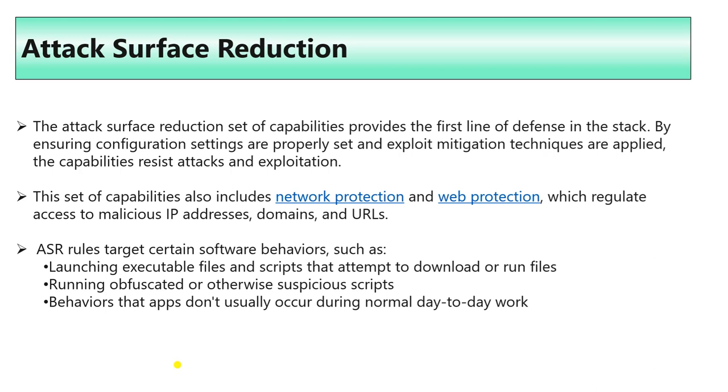ASR rules target certain software behavior. How do these ASR rules work? They target launching executable files and scripts that attempt to download or run files. So when any executable file attempts to download something or run a file, or runs obfuscated or other suspicious scripts and behavior that apps don't normally perform during day-to-day work, ASR will act.